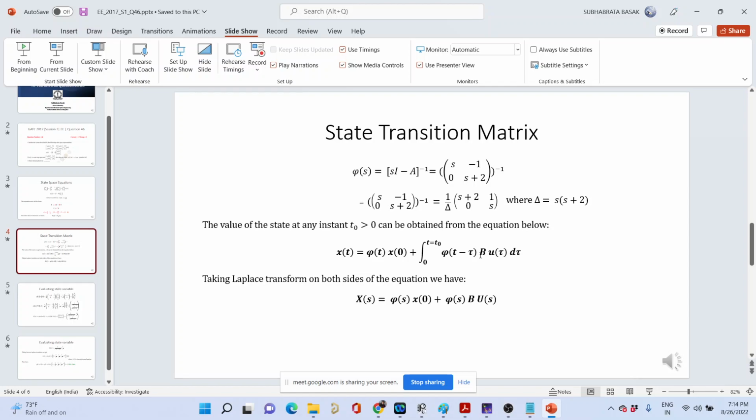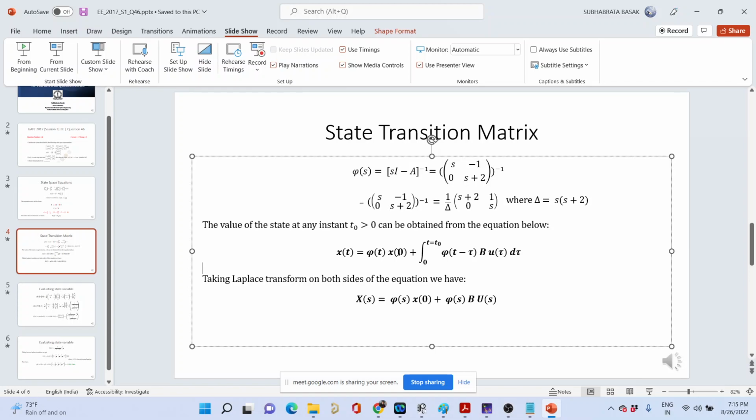So this term is associated with the initial condition of the system, and this term over here is associated with the input that you are giving. This is the convolution of phi t and x t. The first term is because of the initial condition and the second one is because of the input.